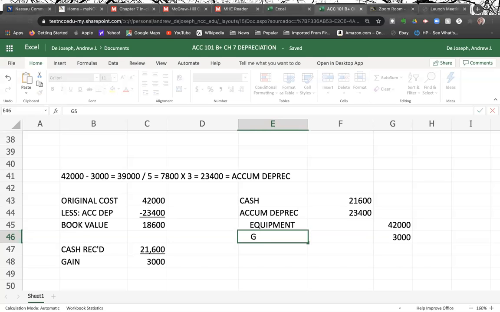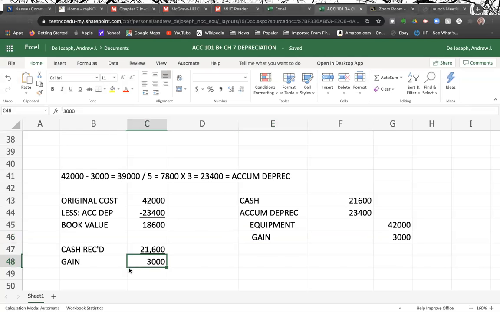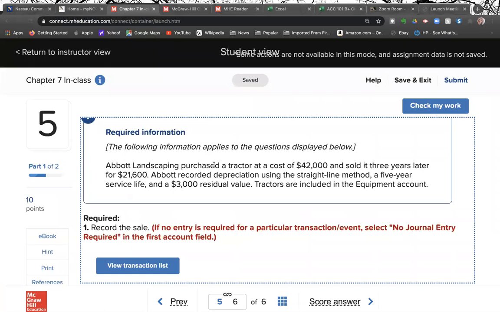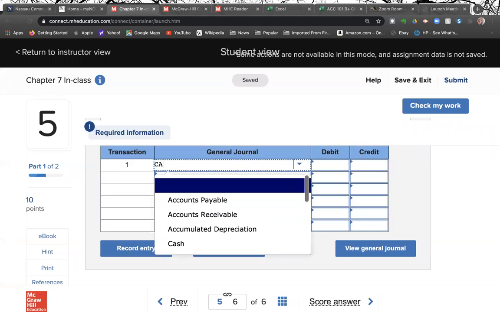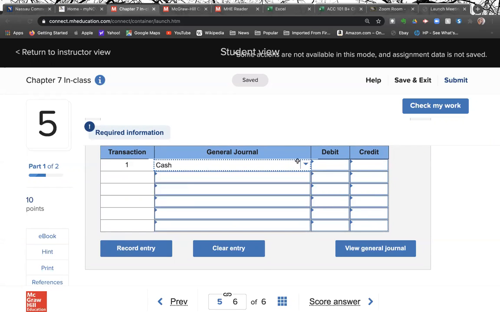Credit gain. So do you want to calculate the gain? Yeah, you can calculate the gain. If you don't want to calculate the gain, can you still figure it out? Yeah, you can still figure it out if you get the other parts right. Okay, so let's see if we can put that into the problem here. Debit cash was 21,600.